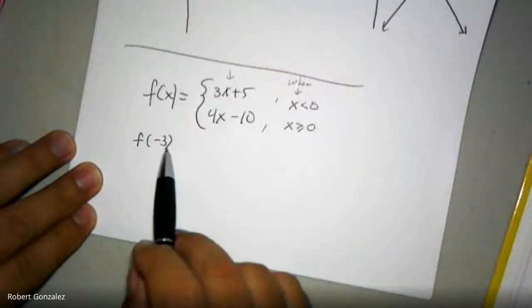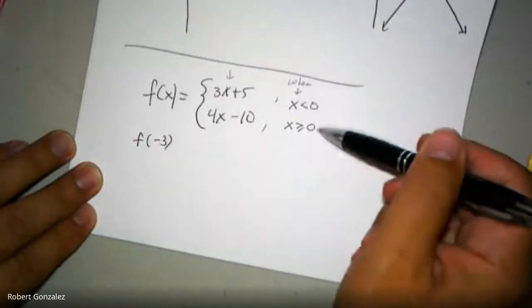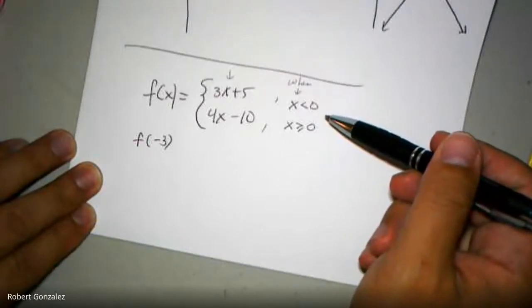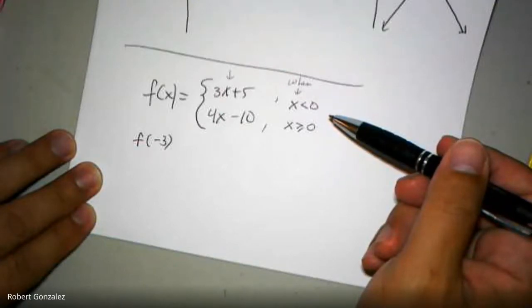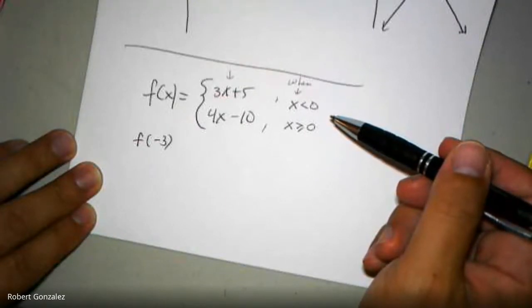Which category does f of -3 go into? I want to see everyone give me an answer. I'm looking all over my screen right now. Some of you, I only see your foreheads, so it's hard to even see your hand.